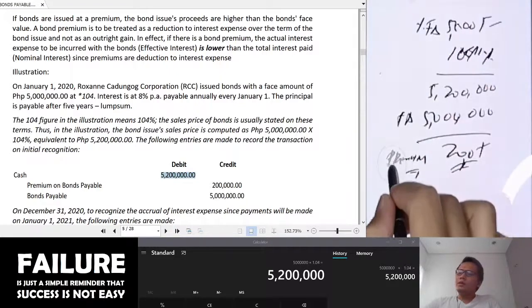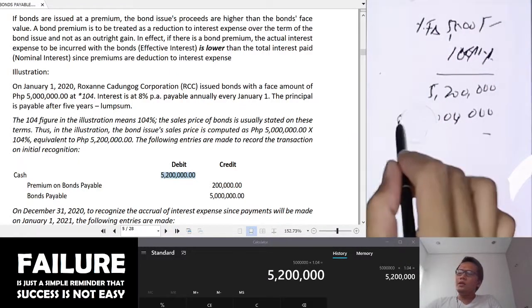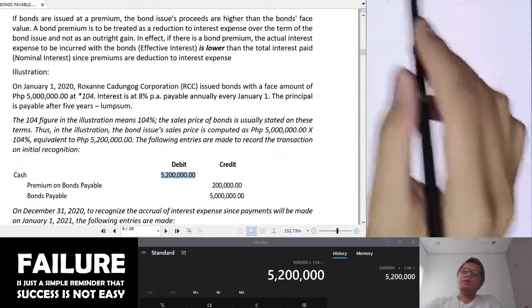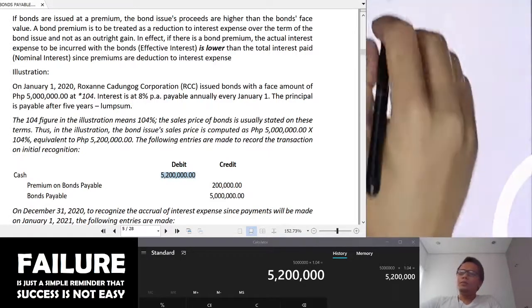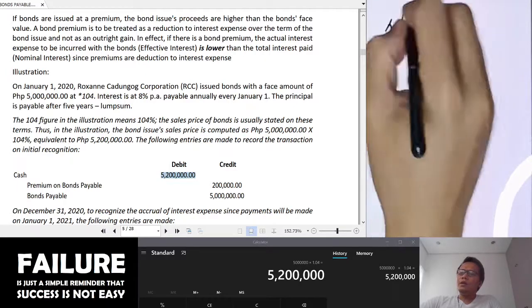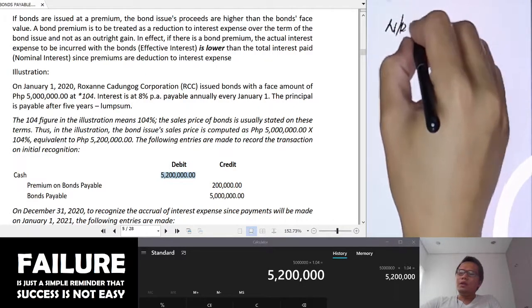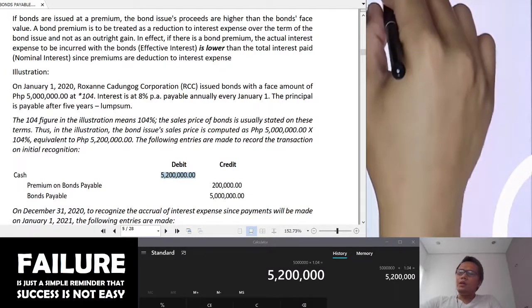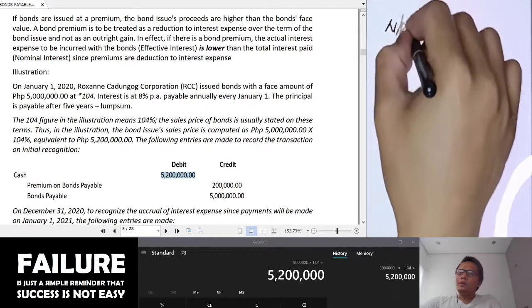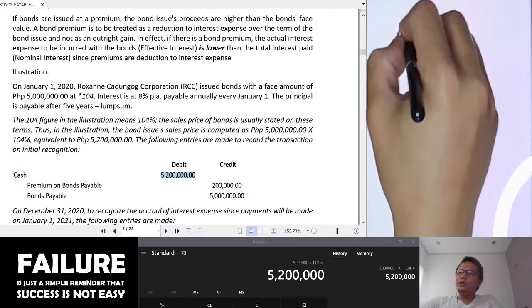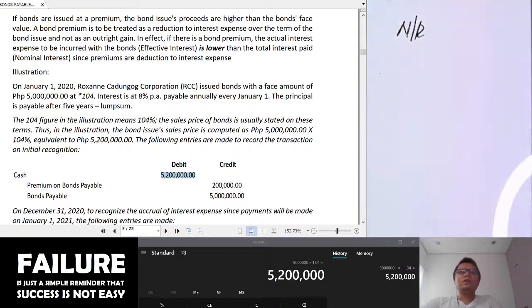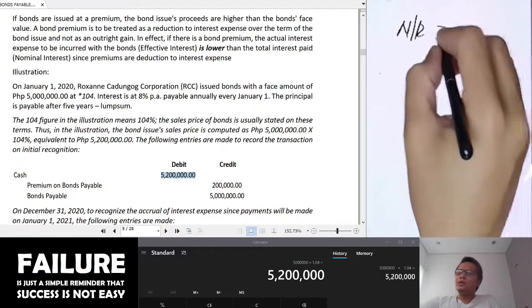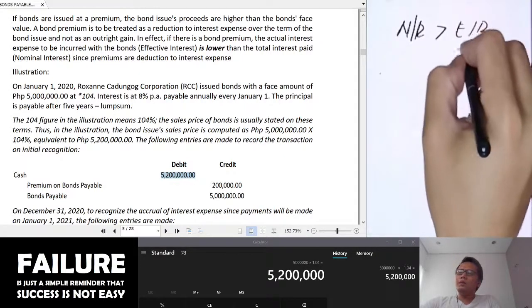Okay, so just a recap lang din, di ba? If bonds are issued at a premium, the nominal rate or the stated rate, which in this case is 8%, most likely is higher than our effective rate, diba?